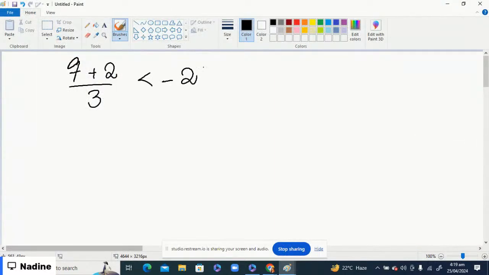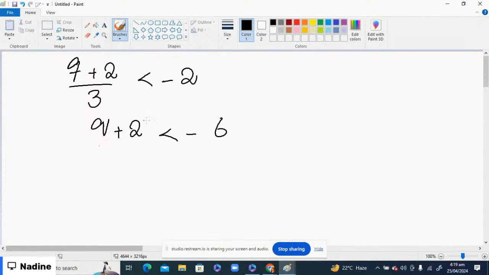First of all, multiplying both sides by 3. What's the answer? Q plus 2 only is left, and on that side it becomes minus 6, because we're cancelling the 3 from the denominator.